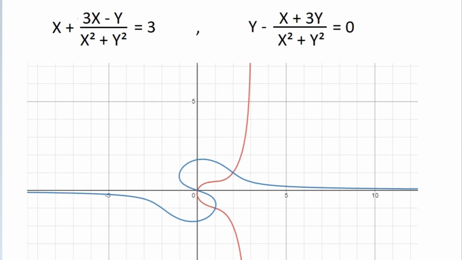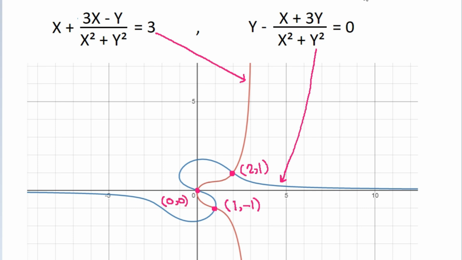And also, if we see the graph of these two equations, this red graph is for this equation and this blue graph is for this equation, and this point is (1, minus 1) and this point is (2, 1), and it seems like it is intersecting at a third point, that is (0, 0).